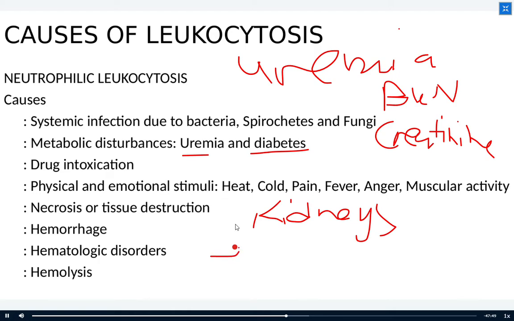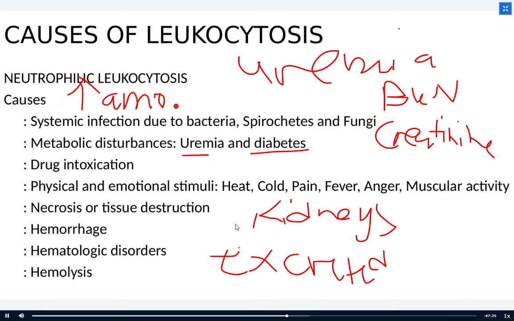They are not properly excreted. Hindi sila na-excrete ng maayos. Tending to have high amounts in the blood. Now, when there are high amounts of this in the blood, your neutrophils will treat it as an invader, causing increased neutrophils.